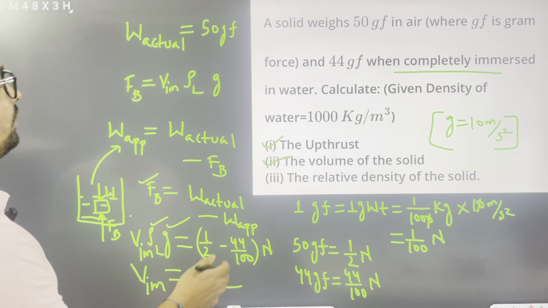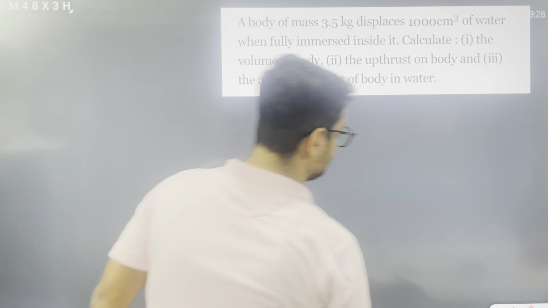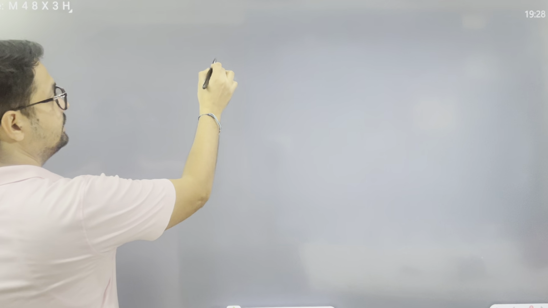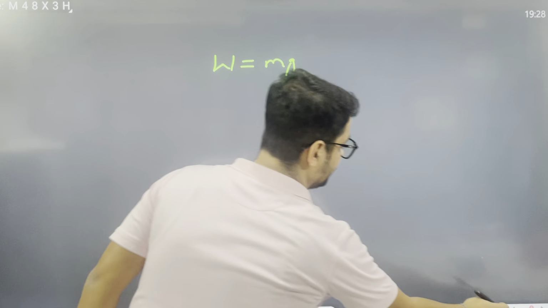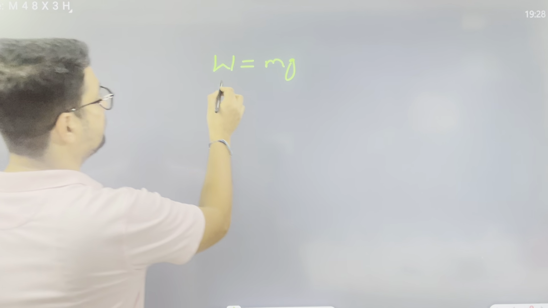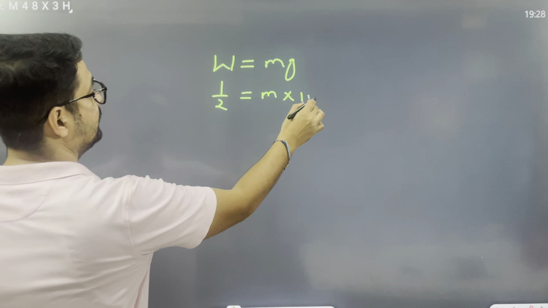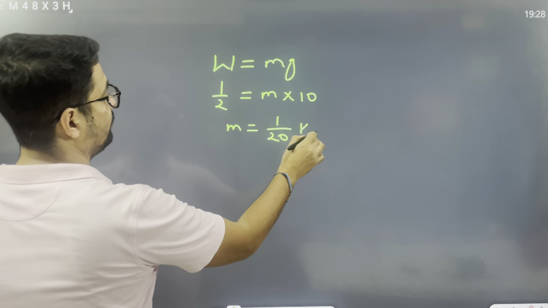Weight equals mg. Weight is 1 by 2 Newton, m you don't know, and g value is 10. So what is the mass? 1 by 20 kg.